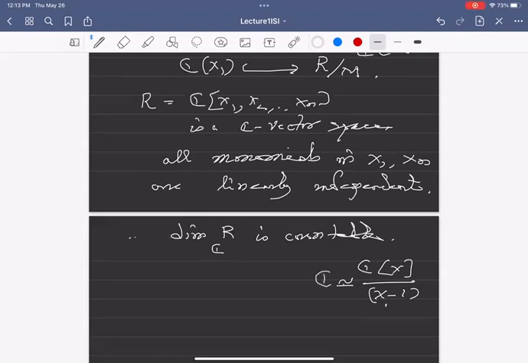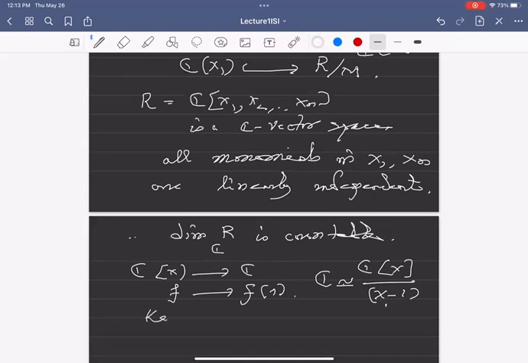This is C. Yeah. Because from C[x] to C, I just take a polynomial and evaluate it at 1.